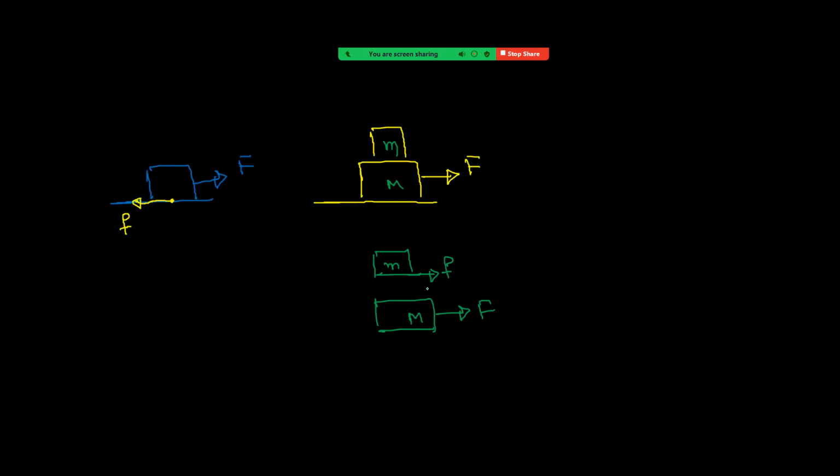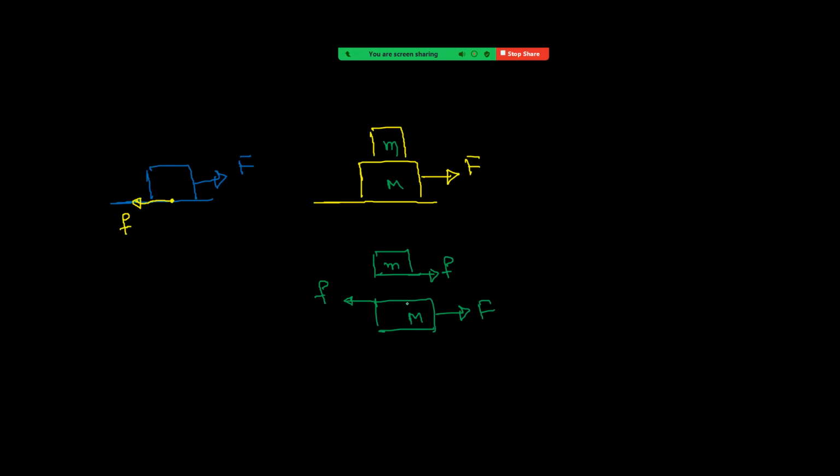Students, you have to see carefully. The upper block is moving because of the friction only. That means it is supporting the motion of the upper block, but it is opposing the motion of the lower block. So see carefully: the upper block is moving because of frictional force. That means it is supporting the motion of the upper block.